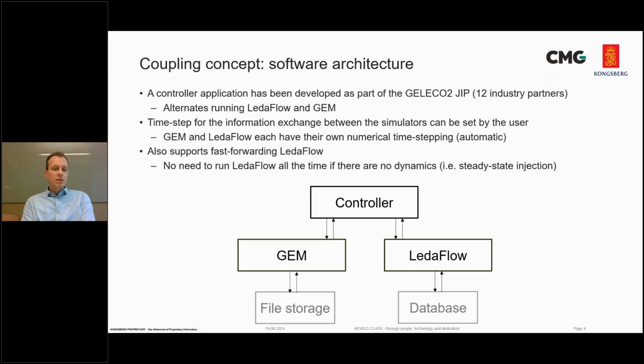The controller application sits on top and makes sure that everything is synchronized and that the data gets exchanged. It runs the GEM simulator, which has its own file storage, and also the LedaFlow simulator, which stores its data in a database, and those two work together through the controller.